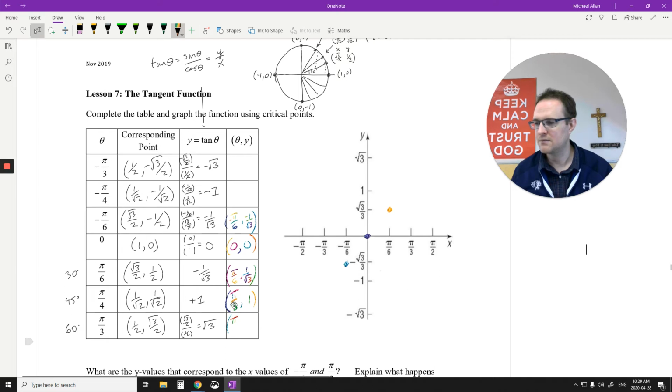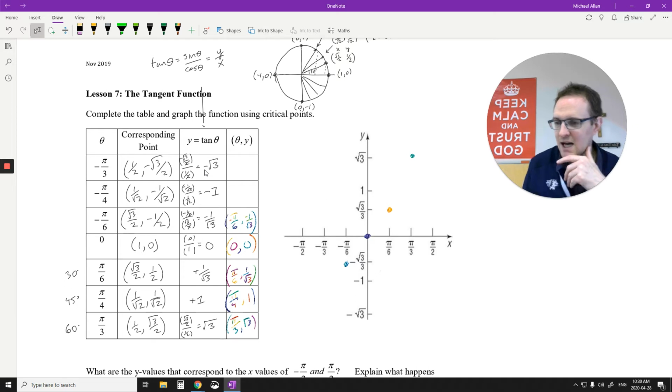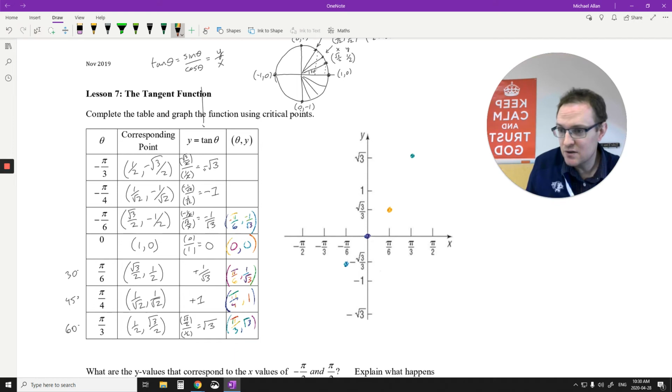I want to erase this. It's not letting me erase it. Okay, it came back. Seems like it's working now. So it's pi over 4, 1. This is pi over 3, root 3. Okay, so pi over 3, root 3. That's going to be way up here, actually. Pi over 4 is halfway between these two.